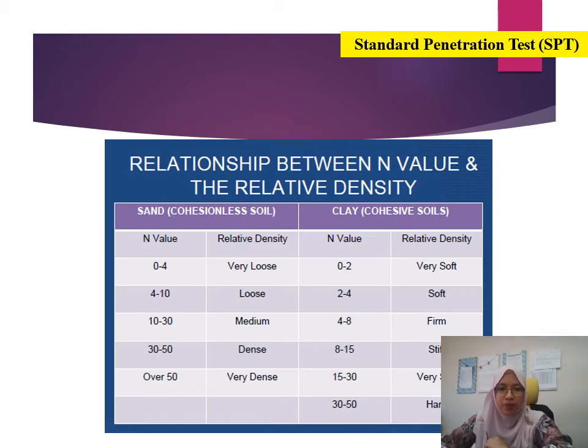For example, if your soil is sand and your SPT N value is from 0 to 4, the soil is very loose. If the N value is from 4 to 10, the soil is loose. And so on, right?